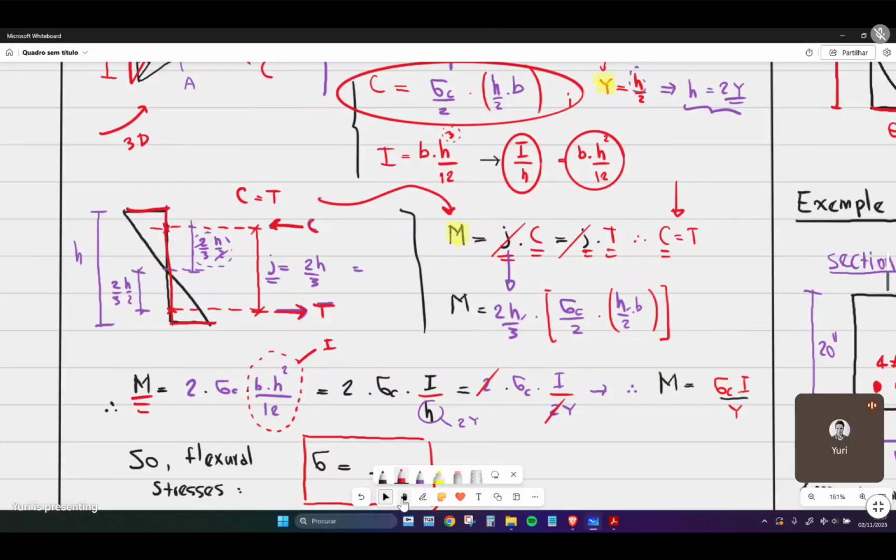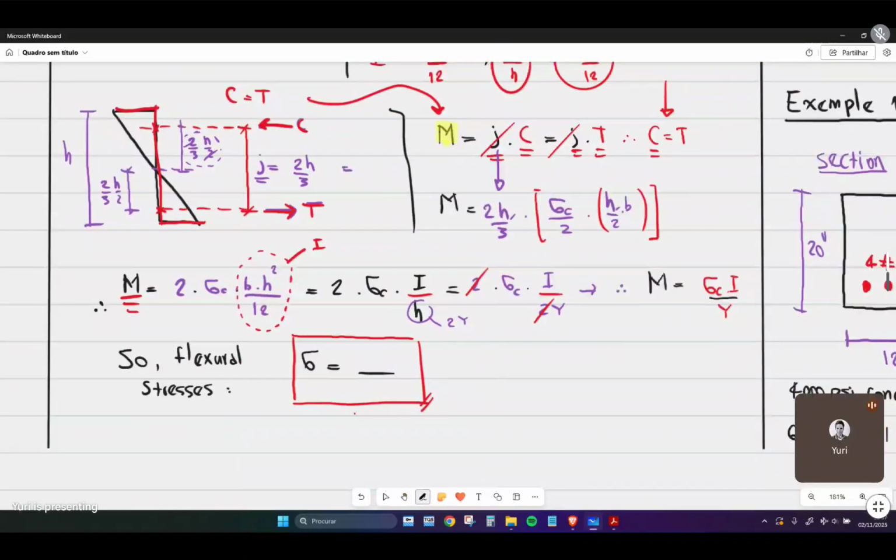If we also reorganize this, we're going to have the flexural stresses. Flexural stress due to bending is going to be the bending moment M times y divided by inertia. You have probably seen this equation previously in your mechanics classes.